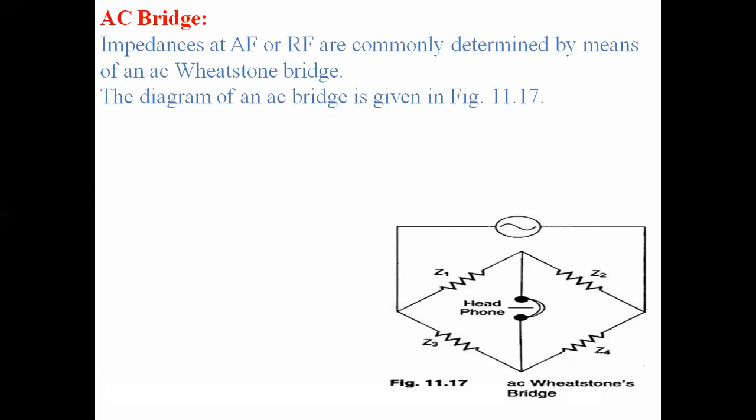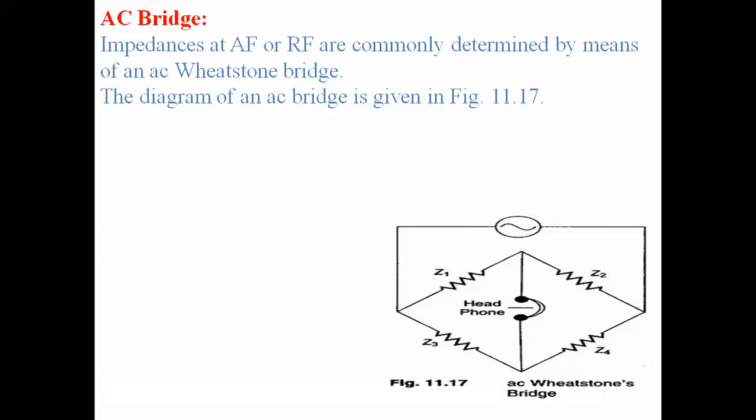Whereas the excitation source for DC bridges is DC voltage, in AC bridges the excitation voltage is alternating voltage, and in place of the detector we use earphones.